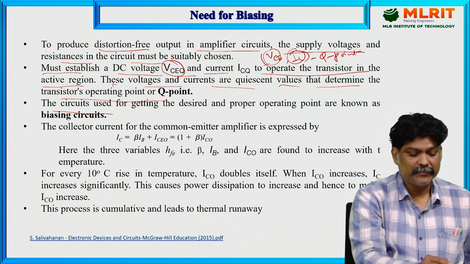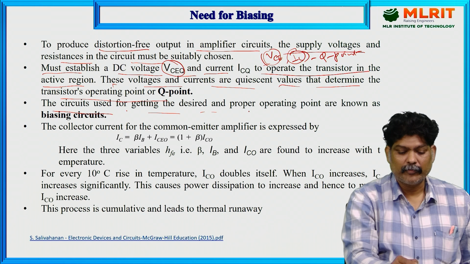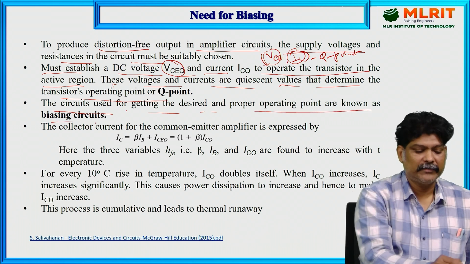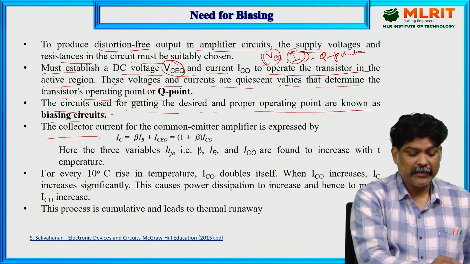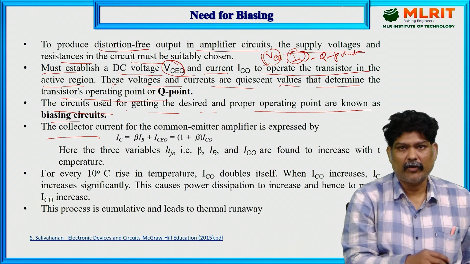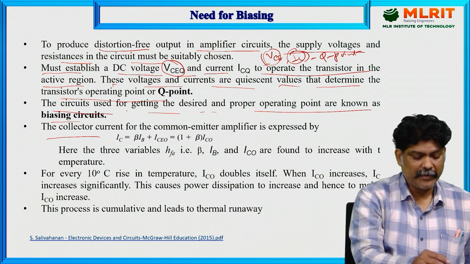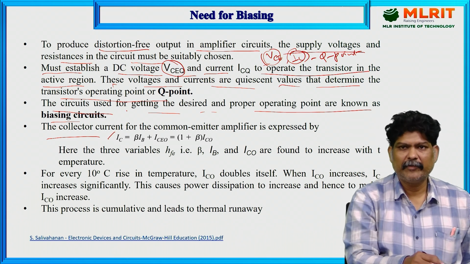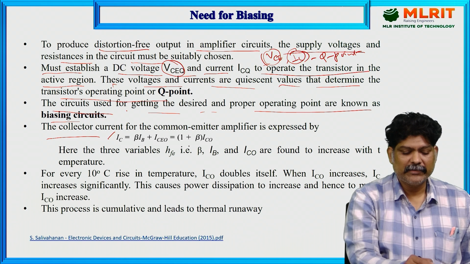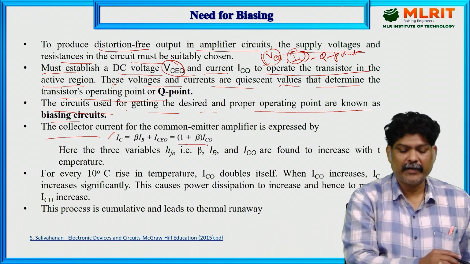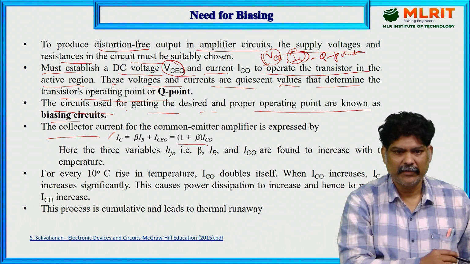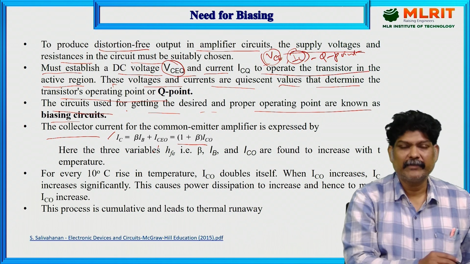The circuits used for getting the desired and proper operating point are known as biasing circuits. The collector current of the common emitter configuration can be given by IC equals beta IB plus ICEO, which can also be written as 1 plus beta into ICO. Here ICEO means reverse saturation current.